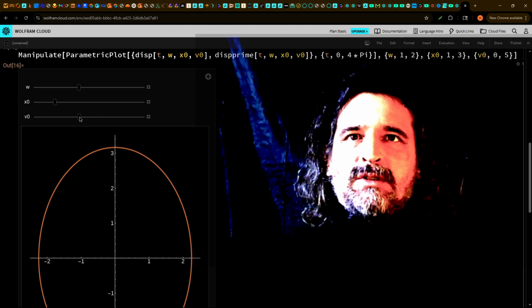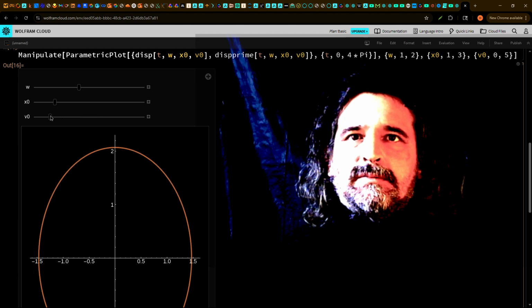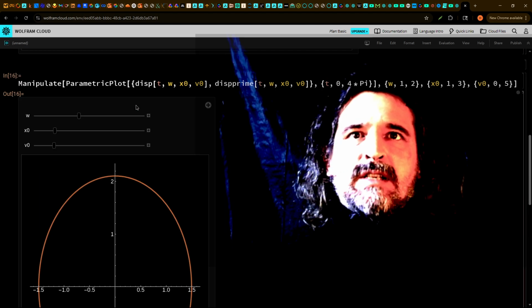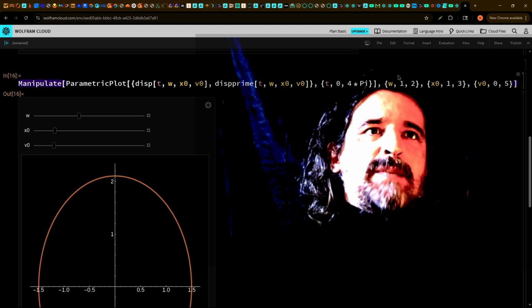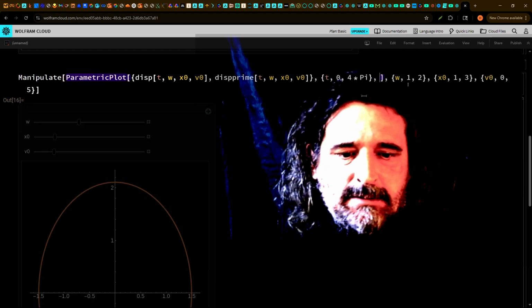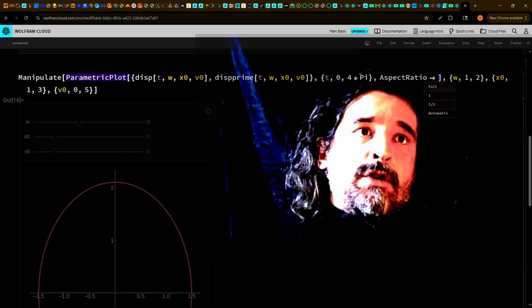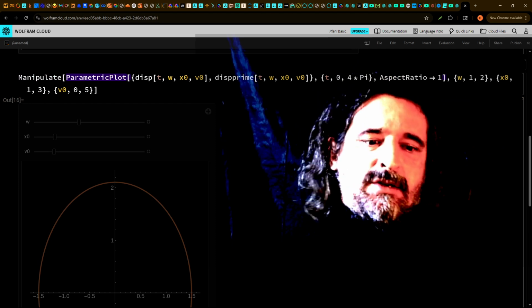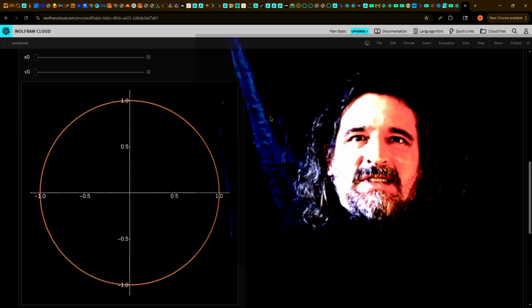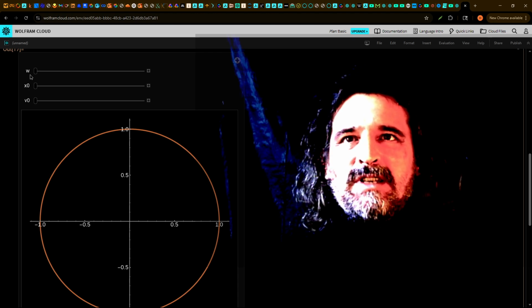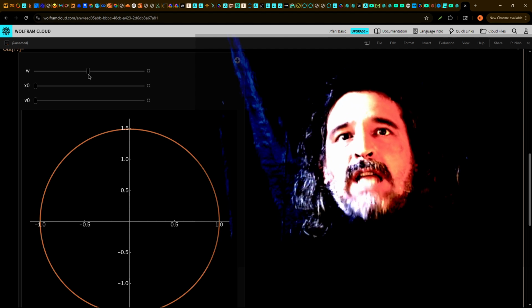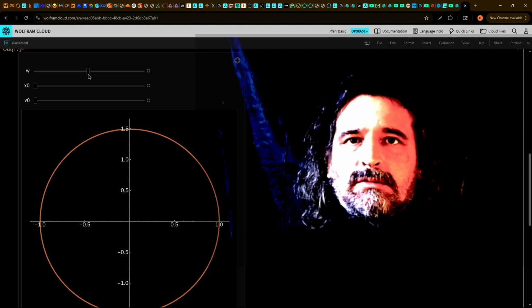It depends on how you put it. Maybe I should put aspect ratio 1 here, because we don't know for sure whether it's an ellipse or not. So that's a circle, I think. If I increase it, it's still a circle, but now it's an ellipse.